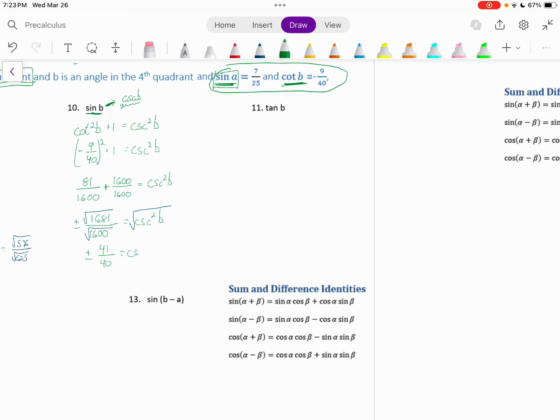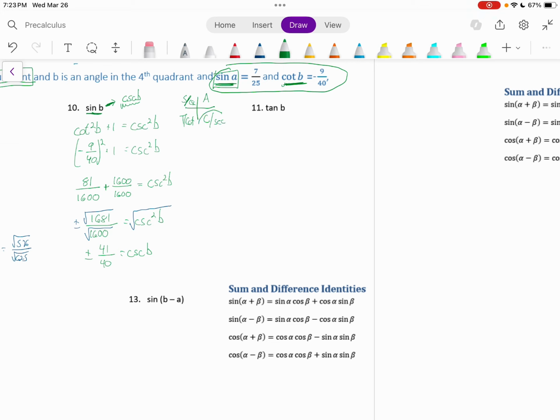Now, what do we know about angle B? We know angle B is in the fourth quadrant. And we know, this is talking about sine, cosine, and tangent, all are positive in the first. Also their reciprocals: sine and cosecant are positive, tangent and cotangent are positive in the third, and cosine and secant are positive in the fourth.